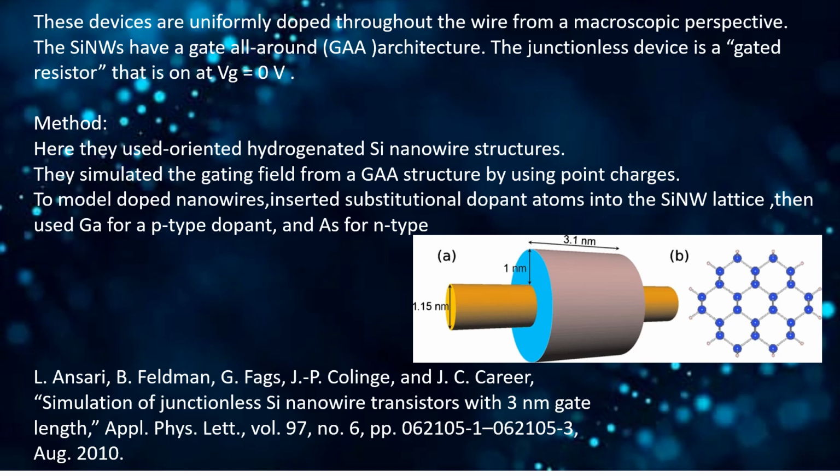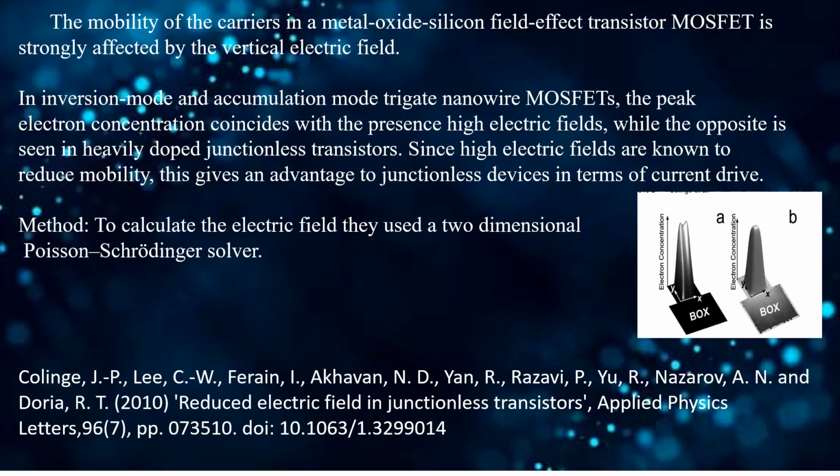Both inversion and junctionless devices were fabricated using the same process. The channel length is 1 micron, the gate oxide thickness is 5 nanometer, and the doping concentration is 10 power 17 centimeter inverse cube and 10 power 19 centimeter inverse cube in the inversion mode and junctionless devices respectively.